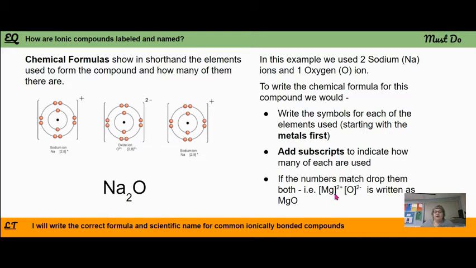But we can just have a magnesium and an oxygen come close to each other and form a bond. So in this case, we're going to just drop the 2's and write it as MgO. And if you notice, there's no space between the cation and the anion because this is all one name. It's all one compound. So there are no spaces in between.